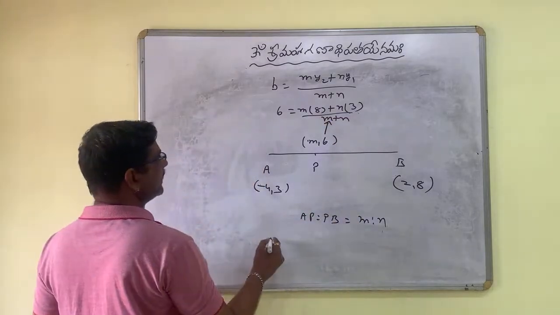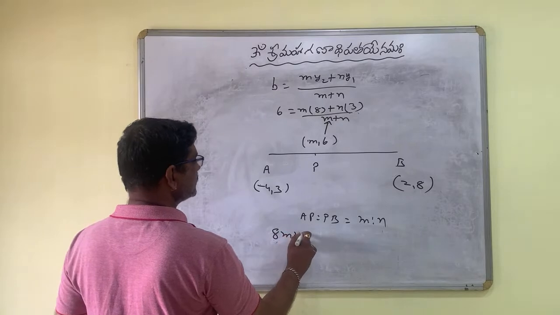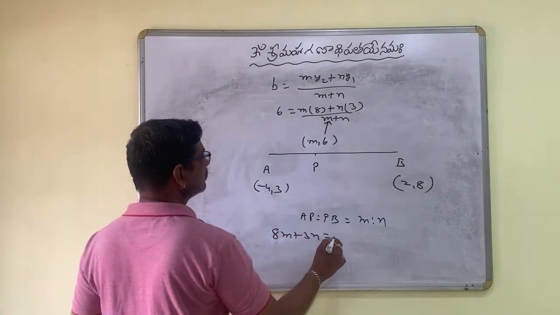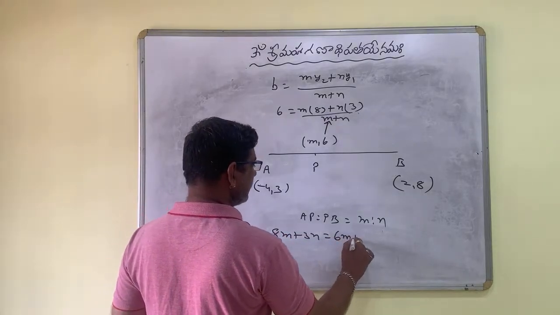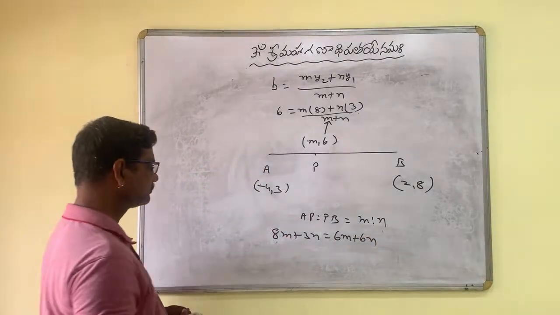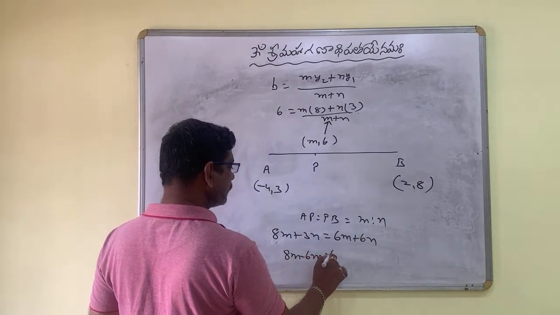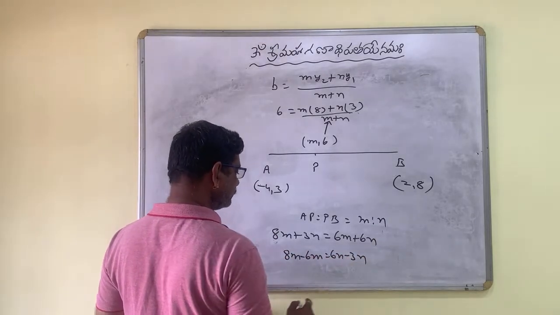So when you simplify that, 8m minus 6m is equal to 6n minus 3n.